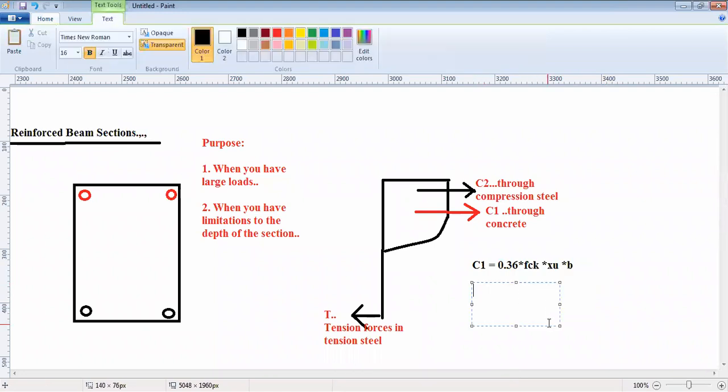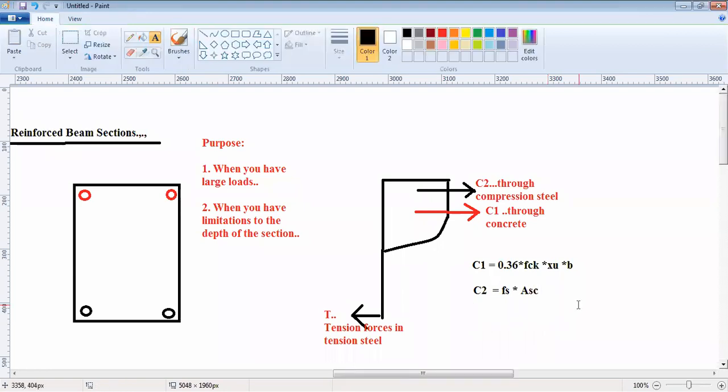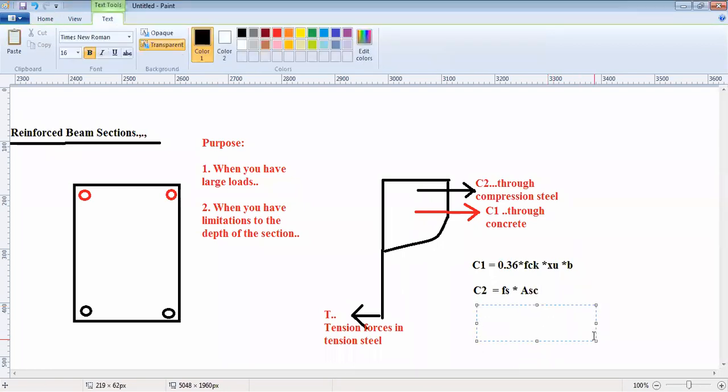And what will be C2? It will be Fs times the area of steel in compression. So what is Fs? Fs is the compression stress in compression steel.